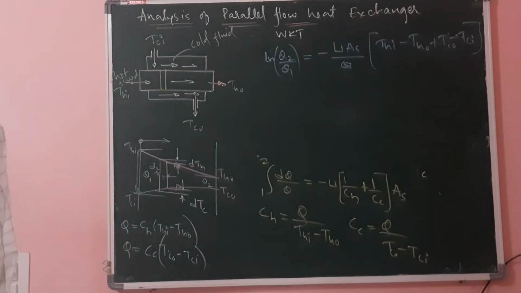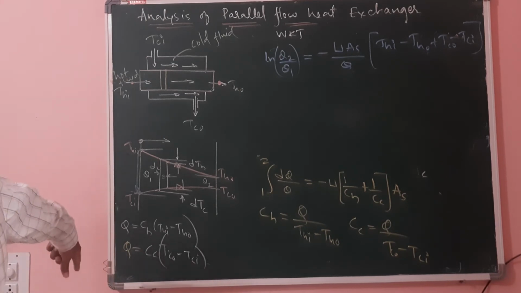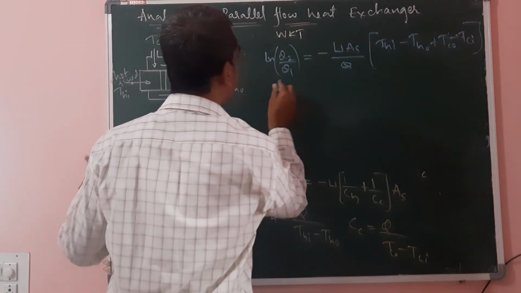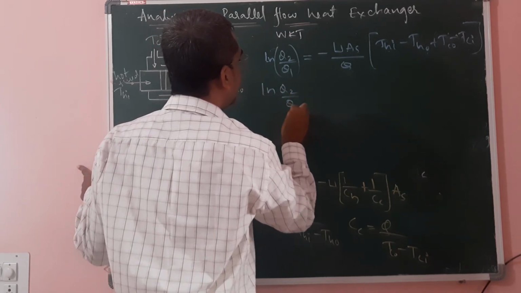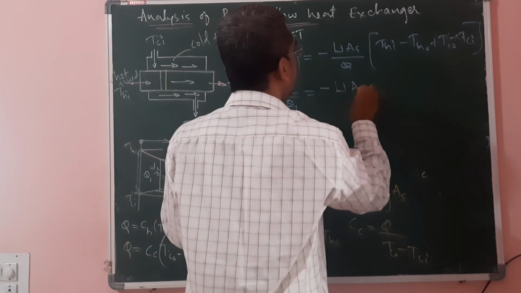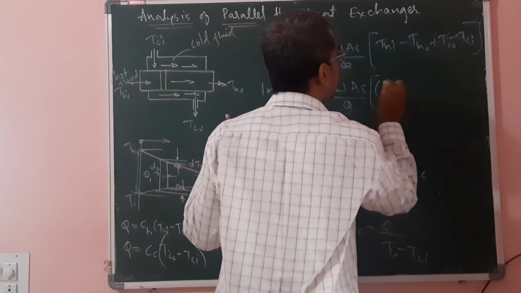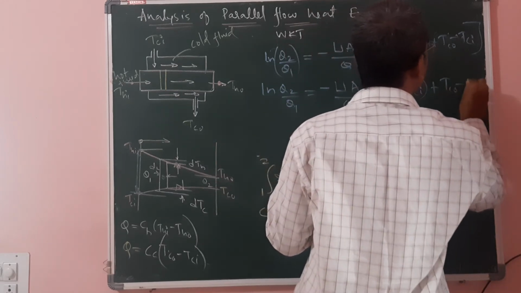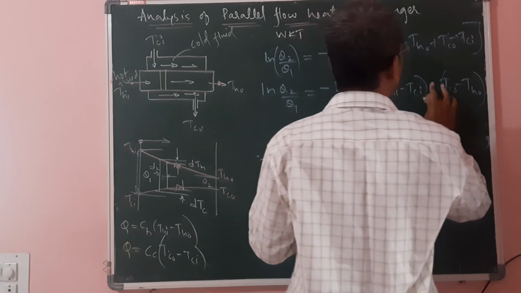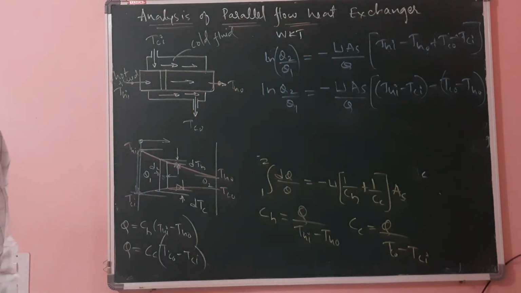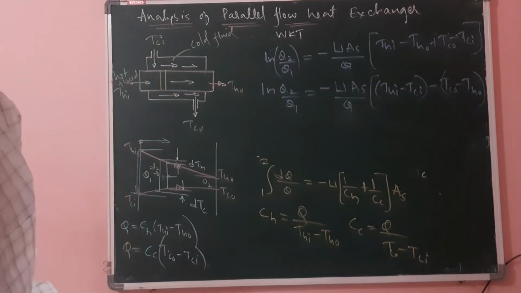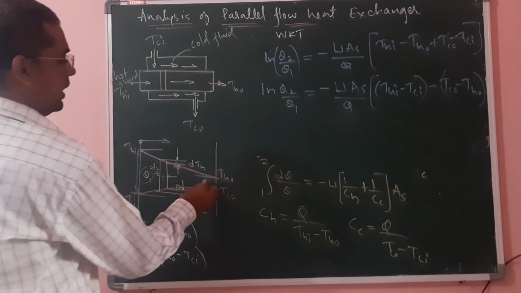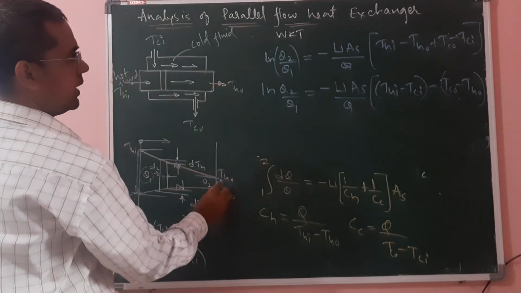If I rearrange in such a way as to get theta 1 and theta 2, I will arrange this as Thi minus Tci plus Tho minus Tco. Now, Thi minus Tci is nothing but theta 1, and Tho minus Tco is nothing but theta 2.